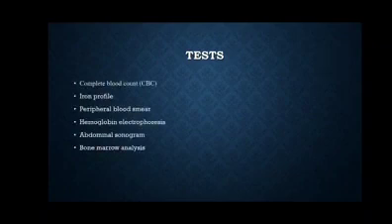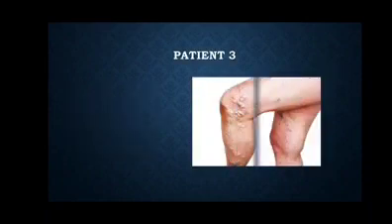Pathological tests which help the doctor to confirm this and to know the hemoglobin count in the body are CBC, that is complete blood count, iron profile, hemoglobin electrophoresis, peripheral blood smear, abdominal sonogram, and bone marrow analysis, etc.